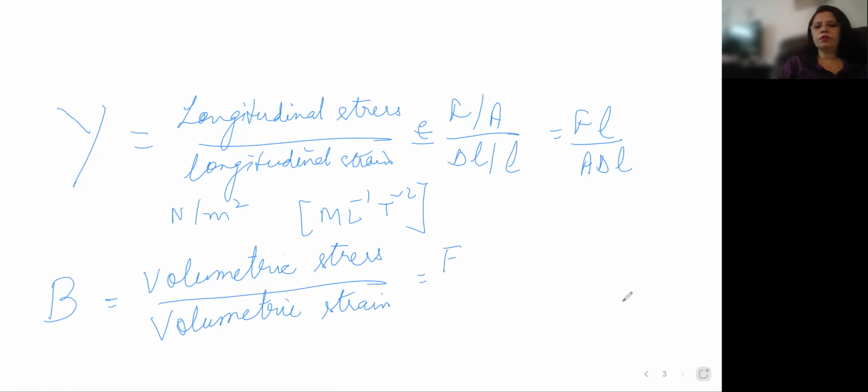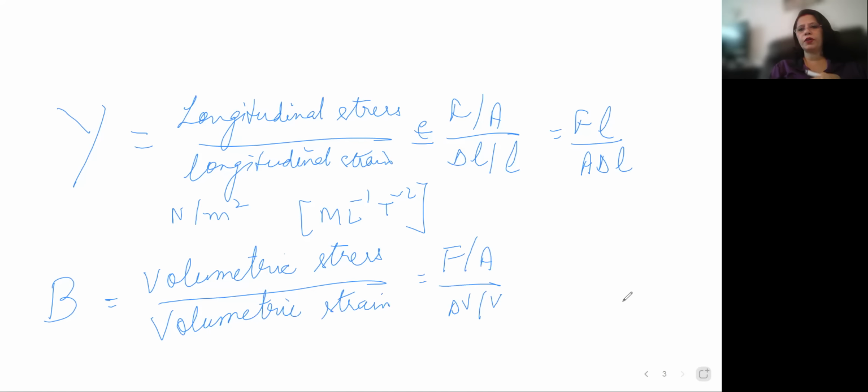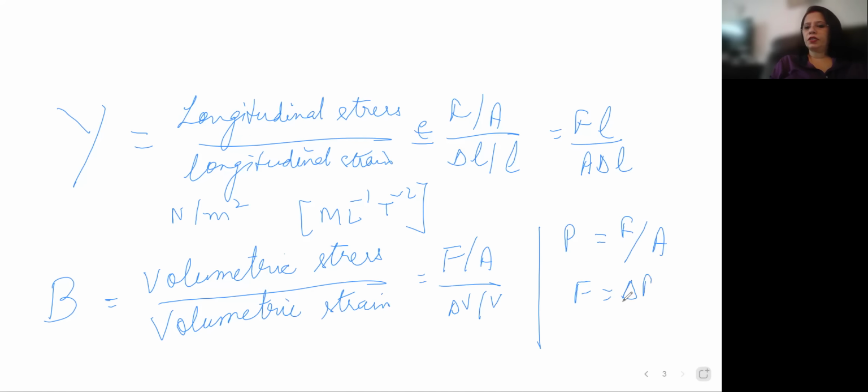That is equal to force upon area upon delta V upon V. Now in the case of gases, we are applying a perpendicular force per unit area, and that perpendicular force per unit area is pressure. So P is equal to force upon area, we know this. So instead of F, I can write here delta P, the change in pressure, times A.